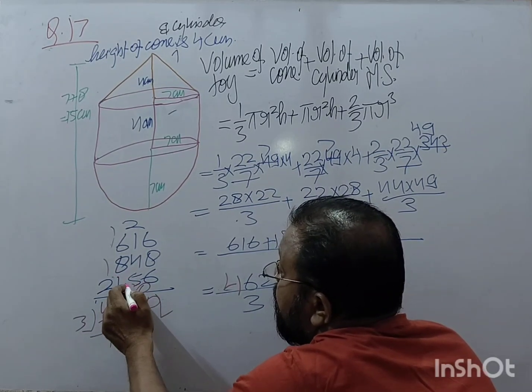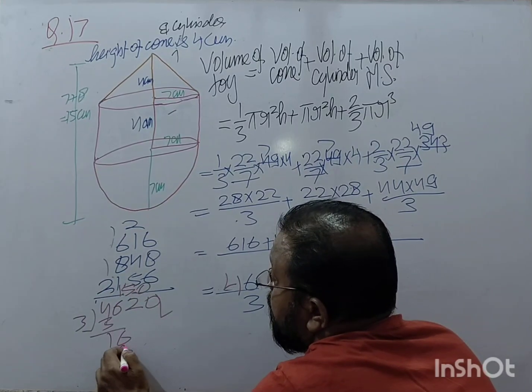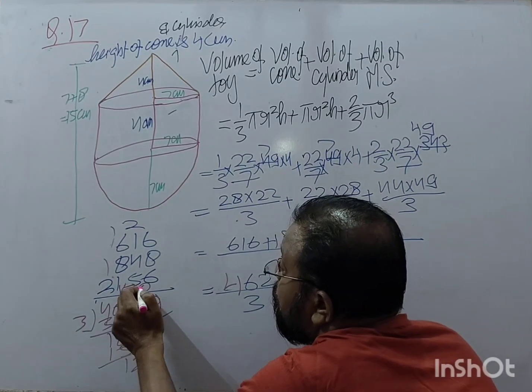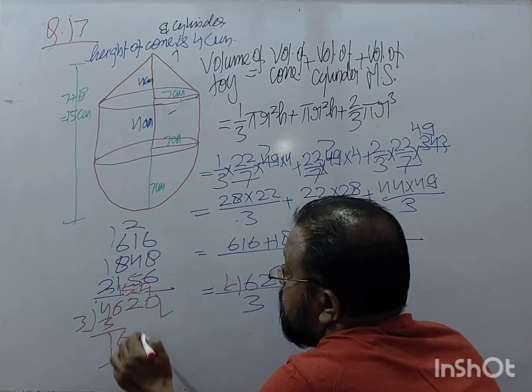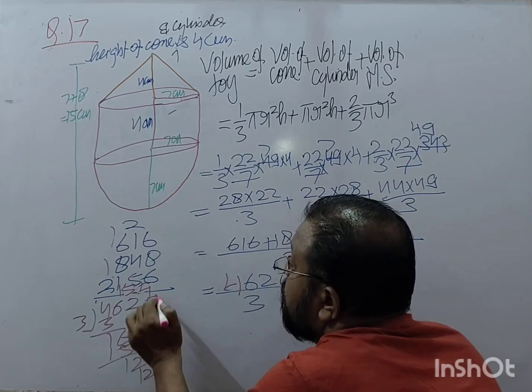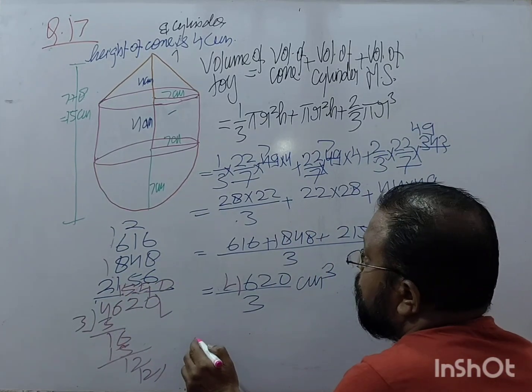It becomes 5 times 15. 1, 2, 4 times 12, 0.